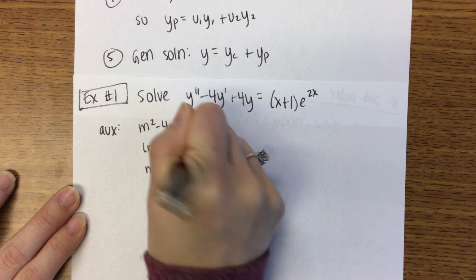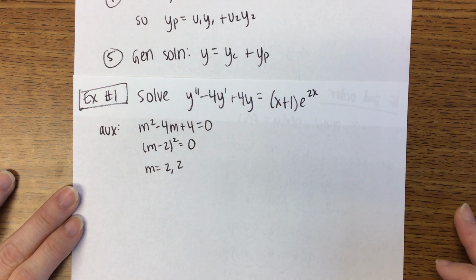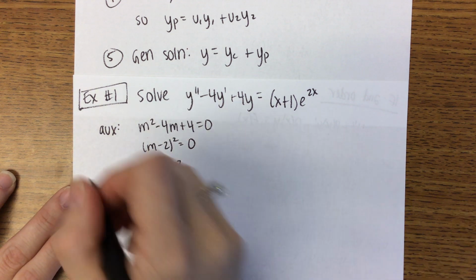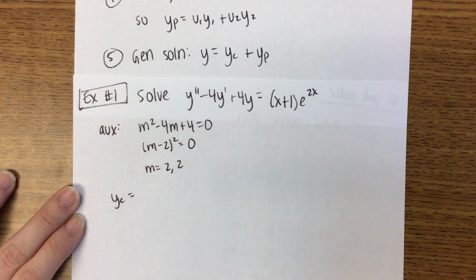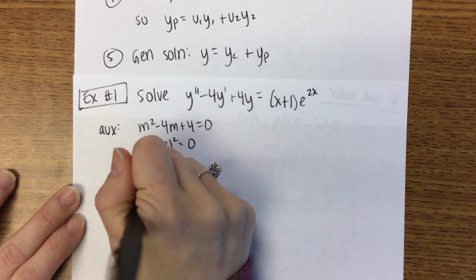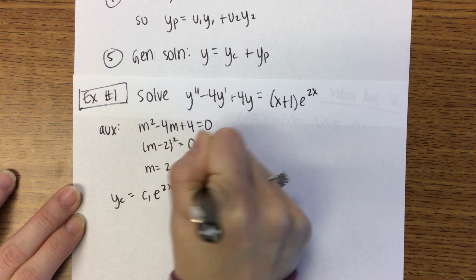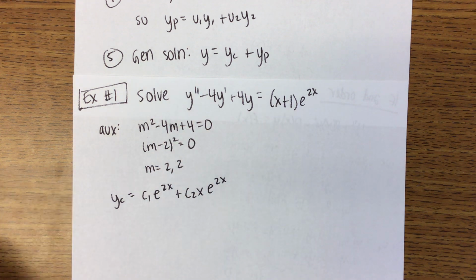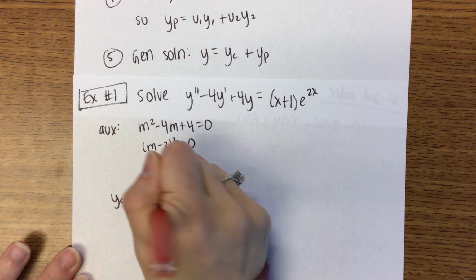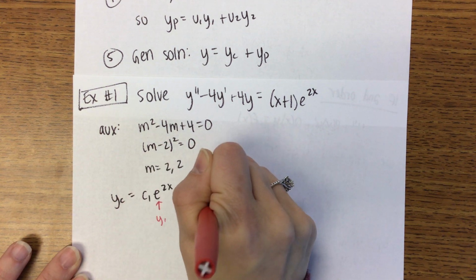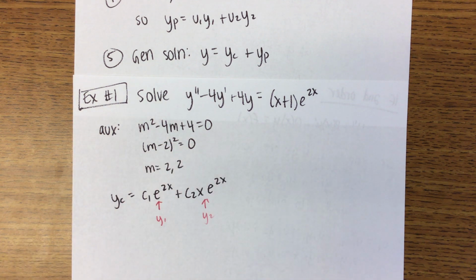So m ends up being 2 and 2 again. Our complementary solution is c1e to the 2x plus c2xe to the 2x. This is our y1. This is our y2.